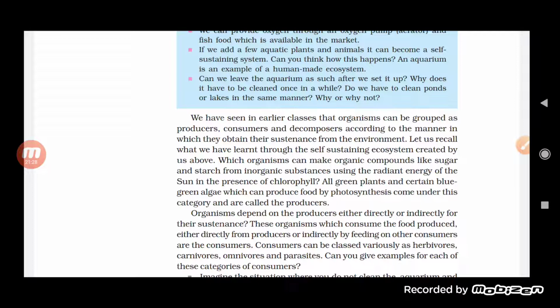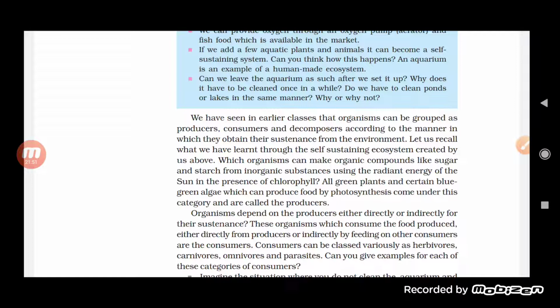And for that, you know that it is the plants that are able to make their own food. The green leaves in them help in the preparation of the food. And since they are able to prepare the food with the help of the process of photosynthesis, they are called the producers.